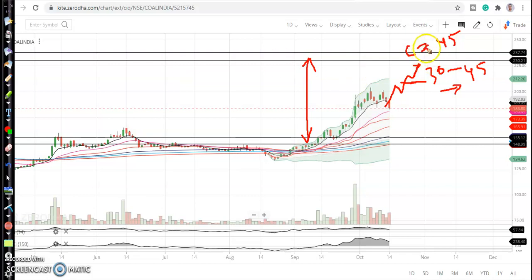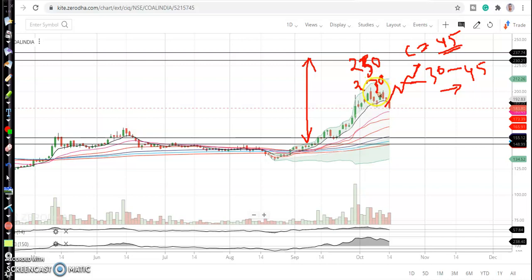Now here what was our strike price? 230. We sold the 230 call and 150 put, right? When delta becomes 45, we will convert to a straddle, means we sell the put at the 230 strike price.